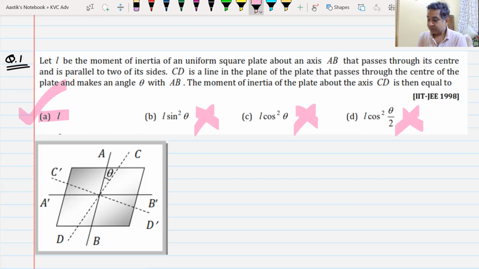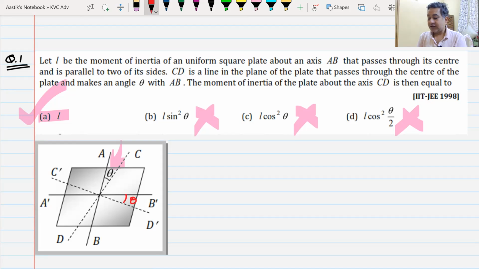The answer is I. The other way to understand this: if you take this axis inclined at an angle theta, this axis is also inclined at an angle theta. These are two perpendicular axes. The moment of inertia should be the same. Yes or no? Yes, sir. The moment of inertia about CD and about C dash D dash should be the same.